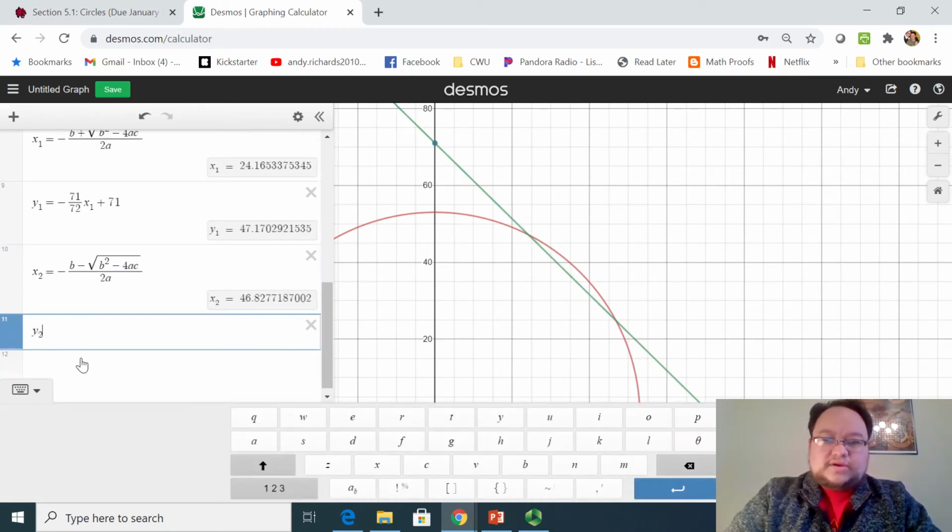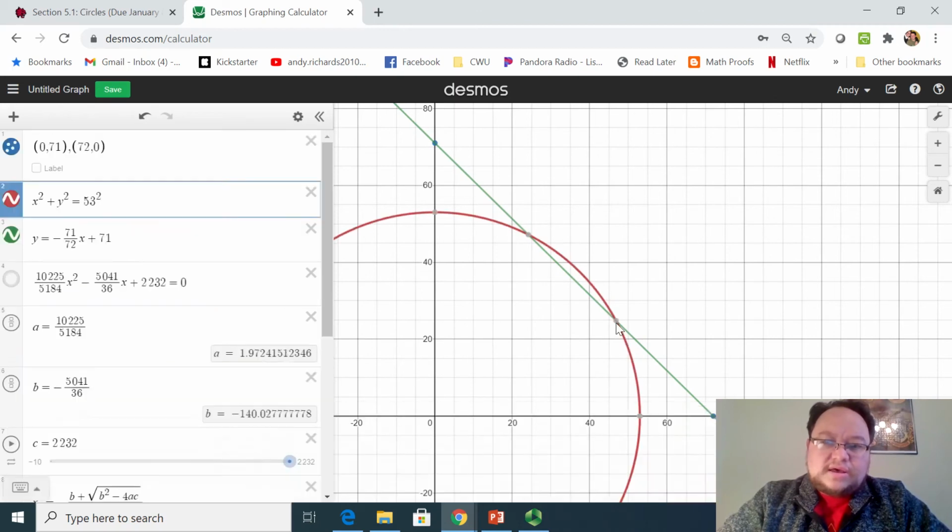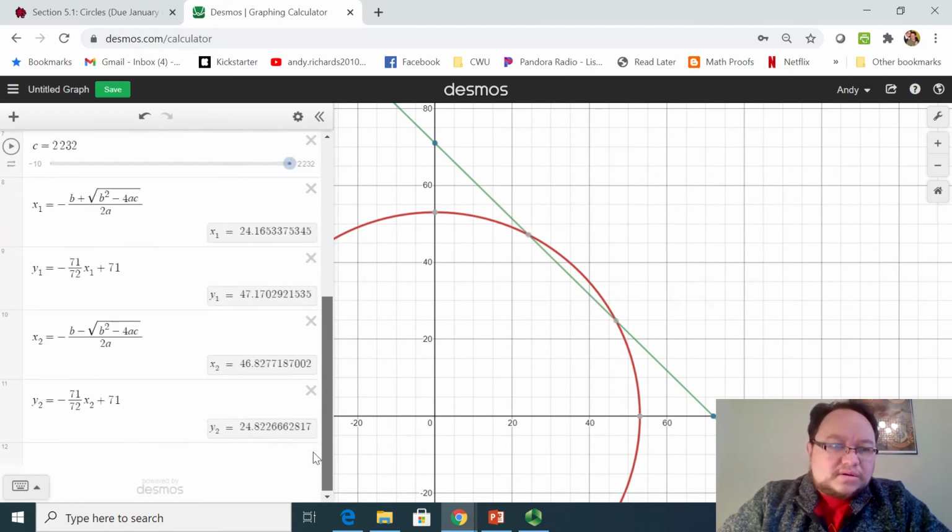And then I simply need to repeat that process for y sub 2 to get the second point on it here. So that's how these points are found. And if I were to go down, sorry, it keeps jumping around on me here. We can see here's our first point, right? This point that pops up right here, and then here's our second point.